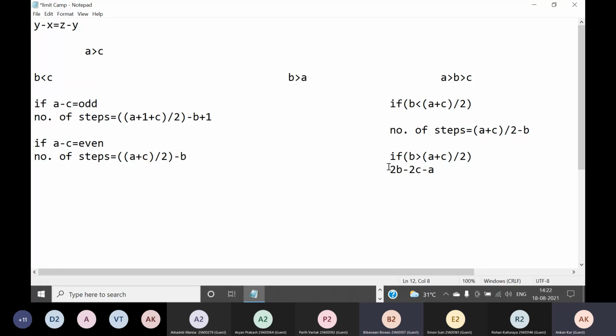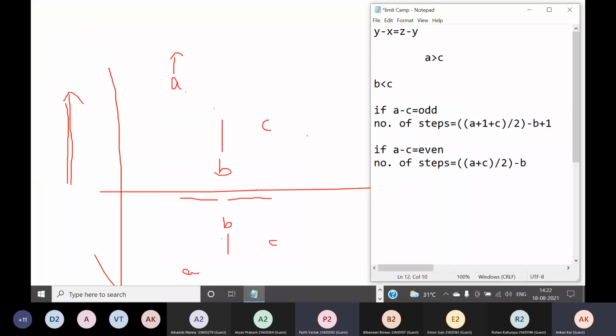I actually take C, okay. Something like that. C plus 2B minus 2C, then it will be giving the range.